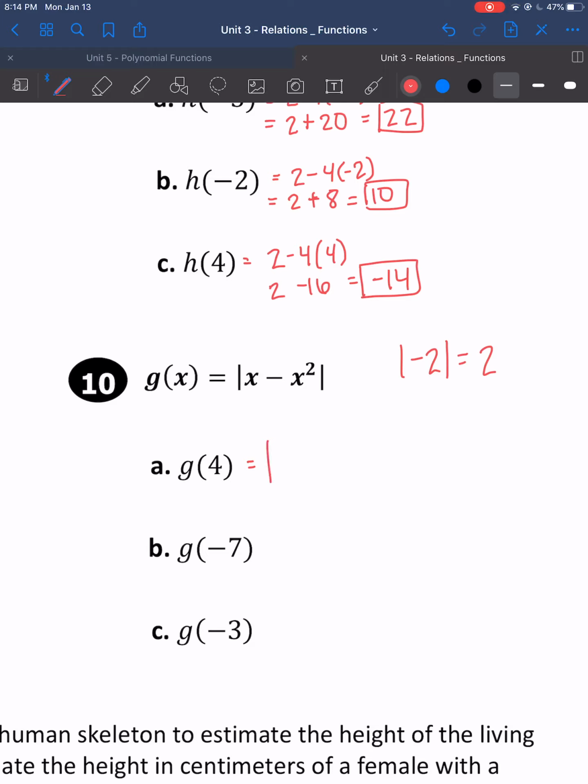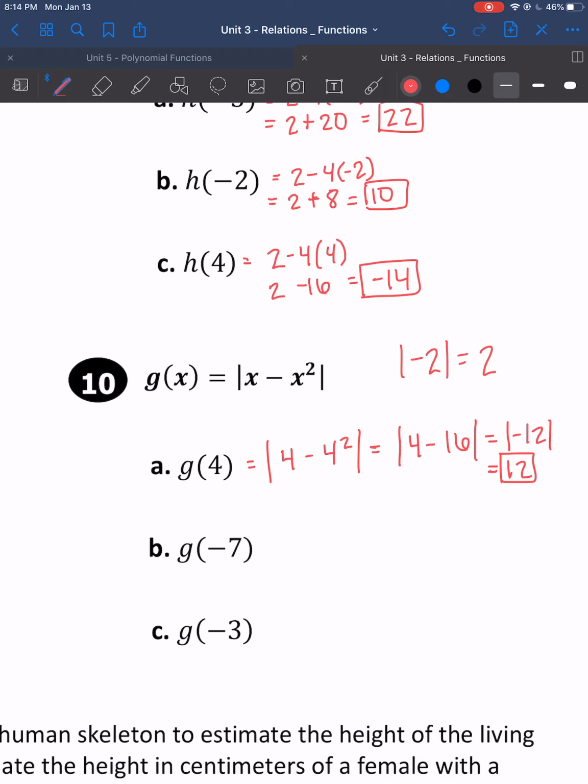I have two x's, so I'm going to plug in the absolute value of 4 minus 4 squared. Once again, I'm going to start with my exponents. I'm still going to use my order of operations inside of the absolute value. So 4 squared is 16. 4 minus 16 gives me a negative 12. But I'm taking the absolute value, so it gives me a positive 12.